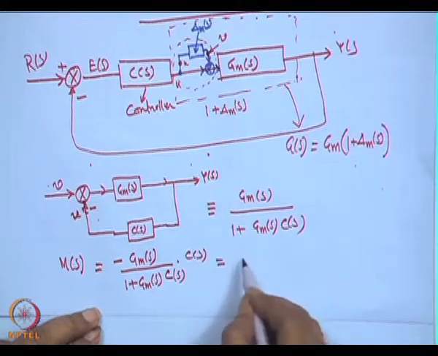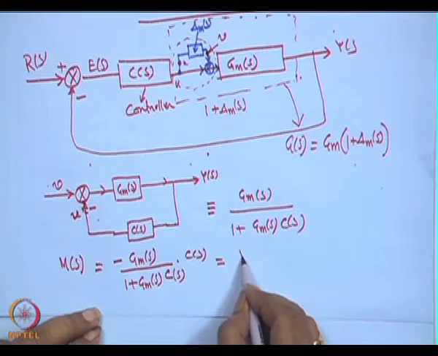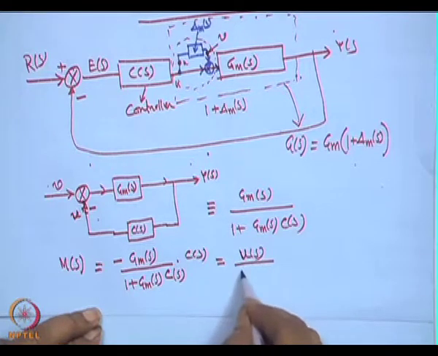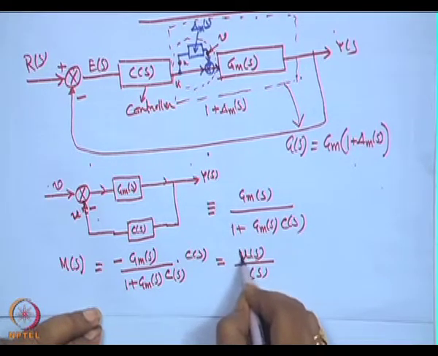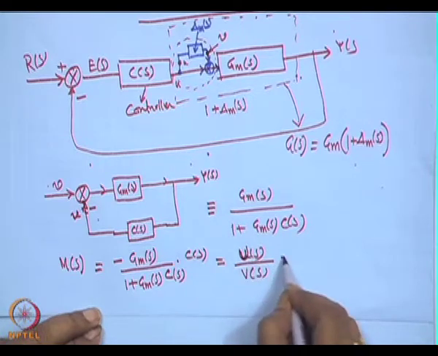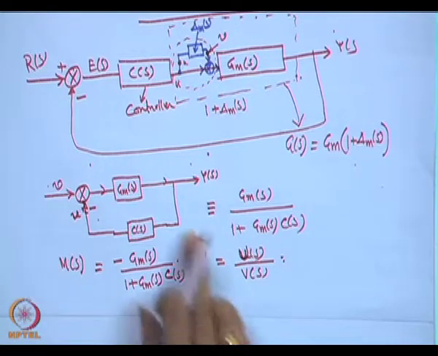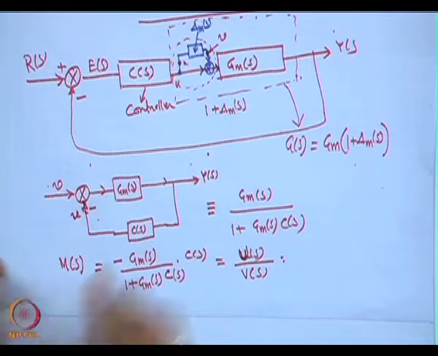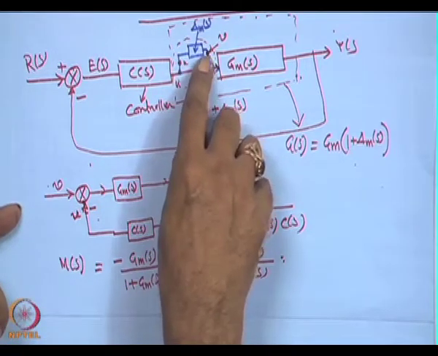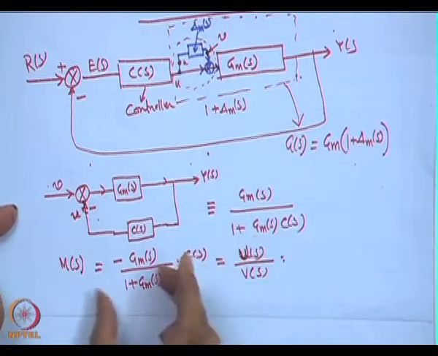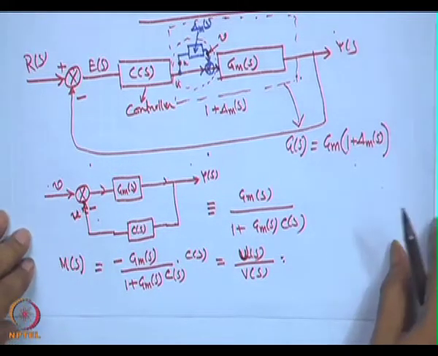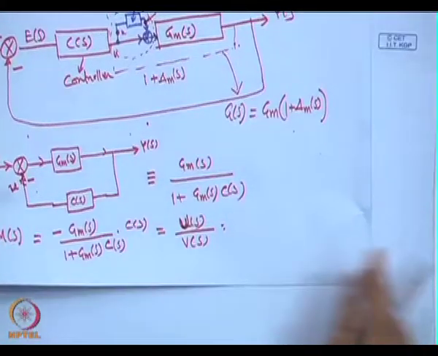This is the transfer function U(s) divided by V(s). Now this simplified transfer function you place between the terminal block.